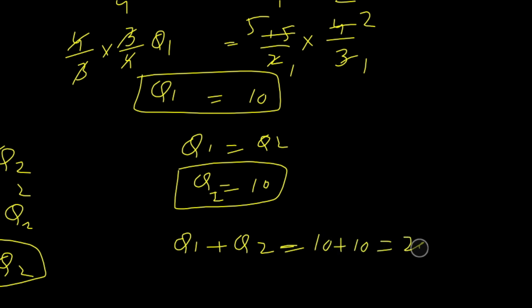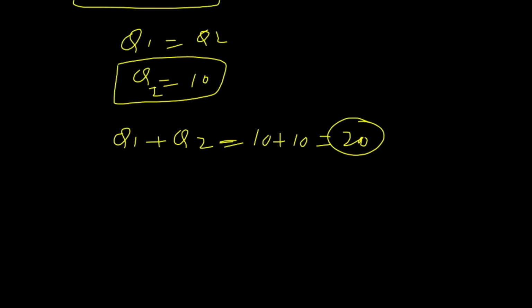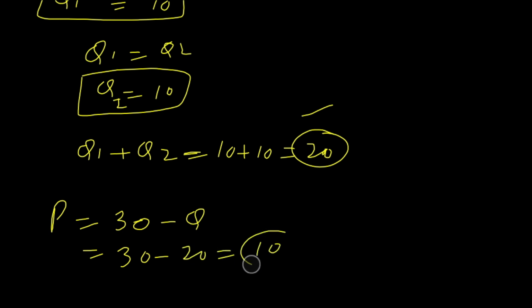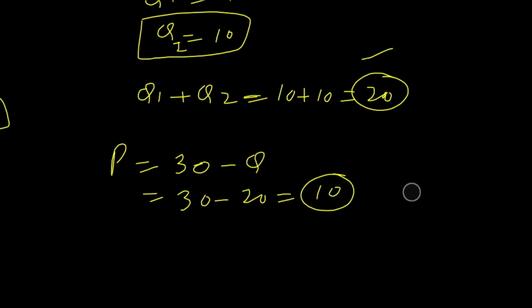So overall market demand will be 20, and we can put this value 20 into the price. Price was 30 minus Q, so if we put Q equals 20, then 30 minus 20 is equal to 10. So it means the price in the market will also be equal to $10.